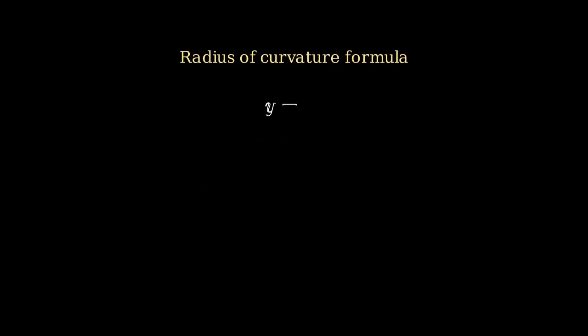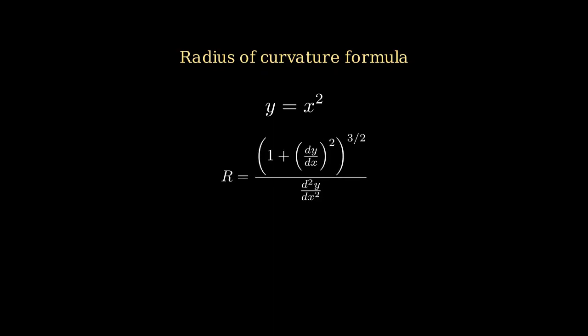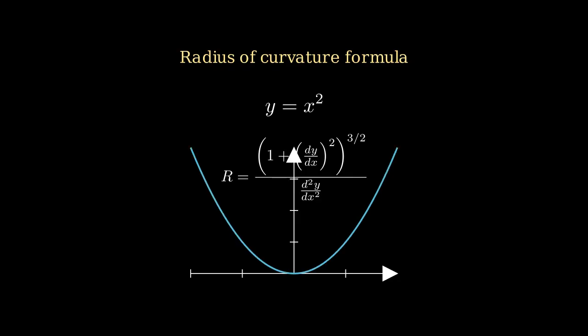Now we find the radius of curvature of the curve y equals x squared at the point where x equals 1, using the formula radius of curvature equals the quantity 1 plus open bracket dy by dx close bracket squared, all raised to the power 3/2, divided by the second derivative of y.